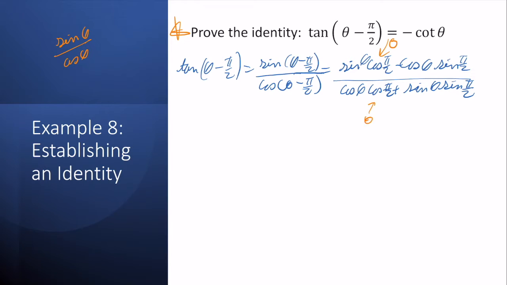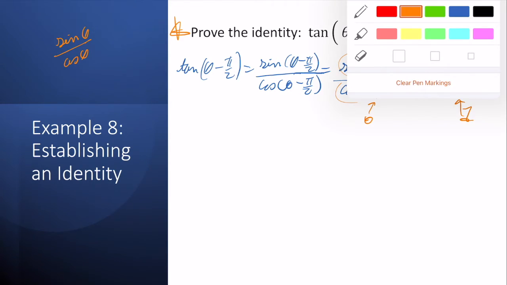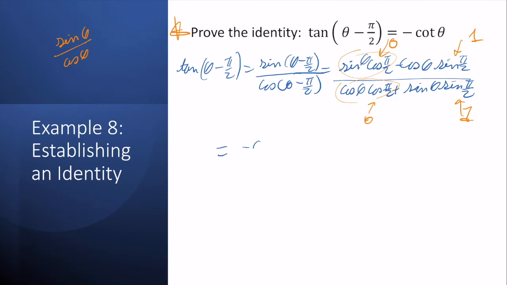So these two terms are going to go away. And I know that sine of pi over 2 is 1. So I'm going to have negative cosine of theta times 1, which is just itself, over sine of theta. Well, cosine over sine is cotangent, so I get negative cotangent of theta. So we establish the identity.